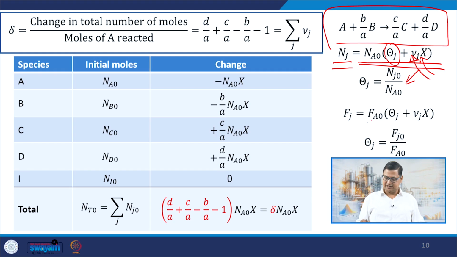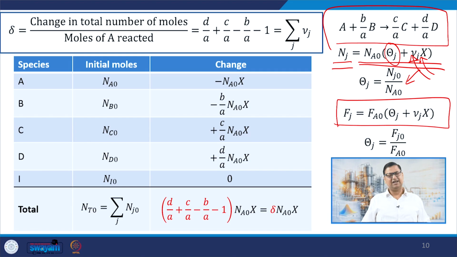And for the flow reactor, we are going to simply replace N with F, so Nj with Fj and Na naught with Fa naught, and theta j accordingly is in terms of F as opposed to N, right? You can see why this has to happen.